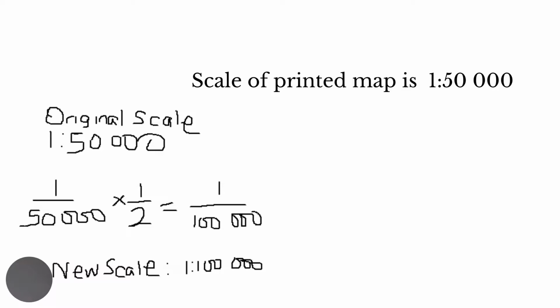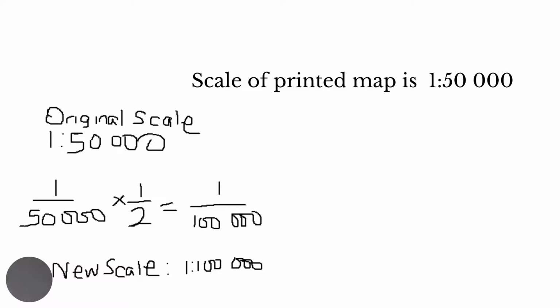And so what we do is we will multiply the 1 to 50,000 by a half. So we put 1 over 50,000 multiplied by 1 over 2. And that gives us 1 over 100,000. And expressed as a ratio, it is 1 to 100,000.